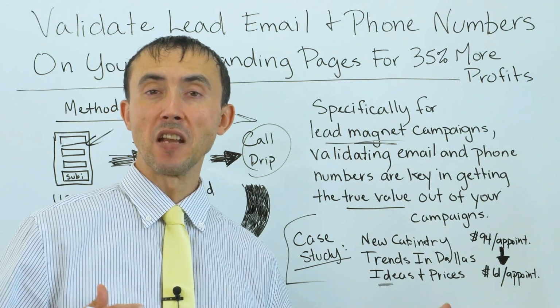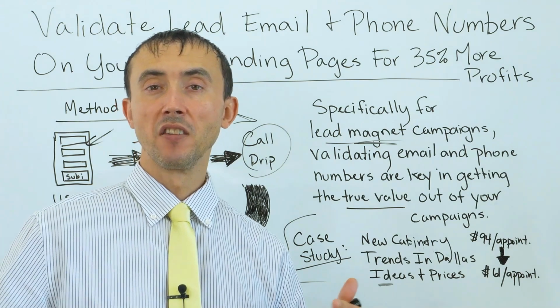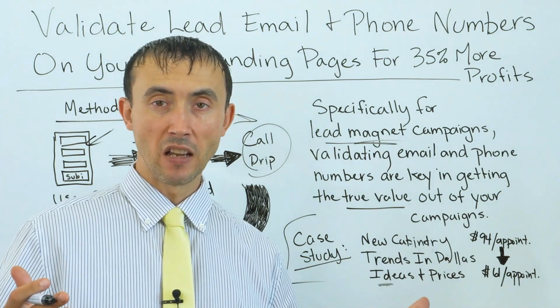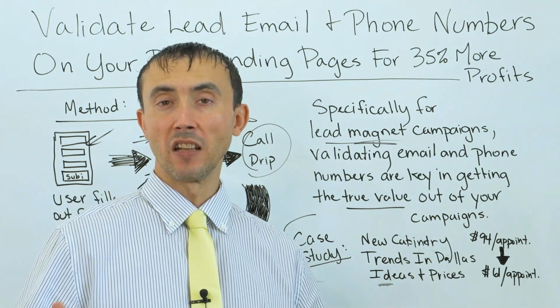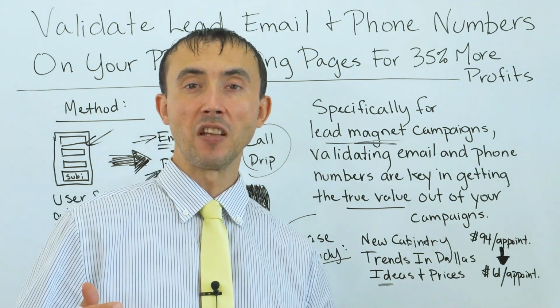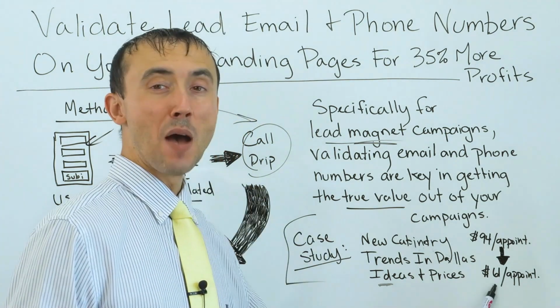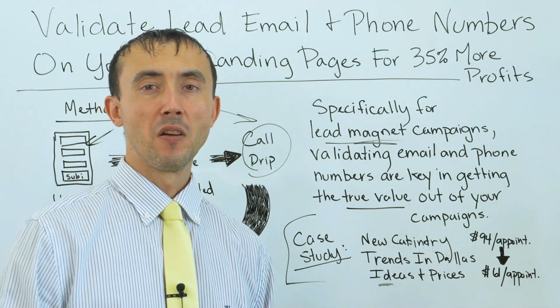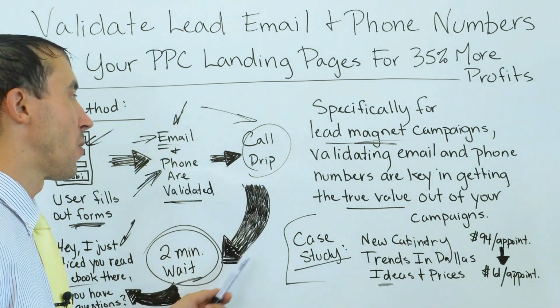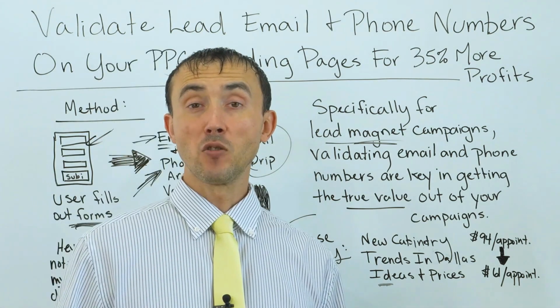Now, they could put in a fake number that's verified as real, because they guessed it right, but they're not going to be putting in phone numbers that are disconnected and whatnot. And it's actually harder than you think to guess a real working number. But it dropped down to $61 an appointment once we started validating the phone number before sending the phone call to the salesperson, which is great in itself.